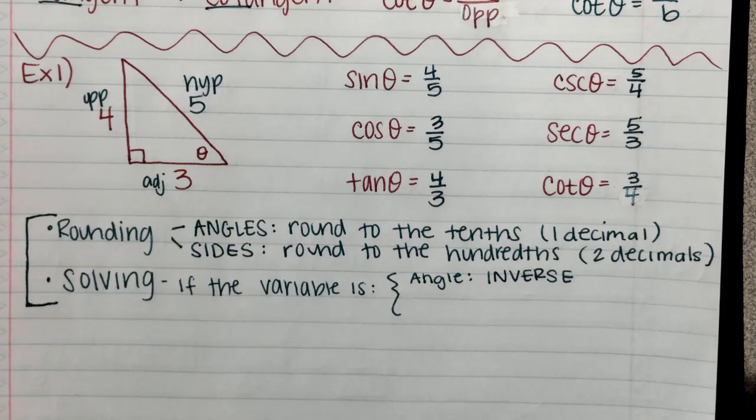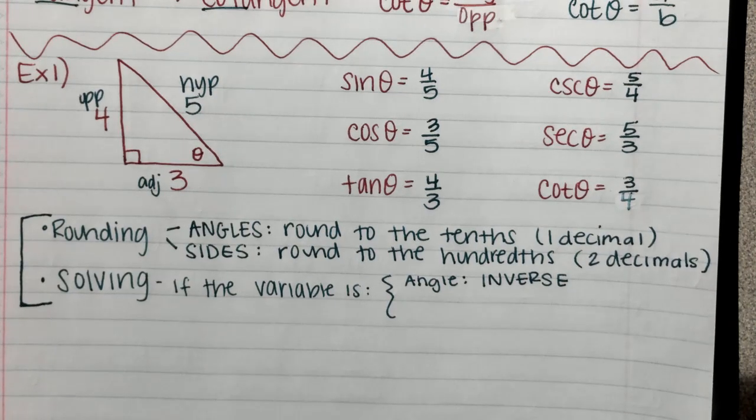So if the variable is the angle, you're going to do inverse. And in Desmos, you are just going to hit functions, the second one up here, and go to one of the inverses right here. Okay? Y'all have that on your computer? Y'all might not have all 6. That's okay, as long as you have these.